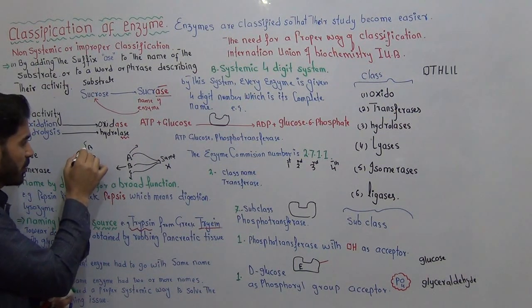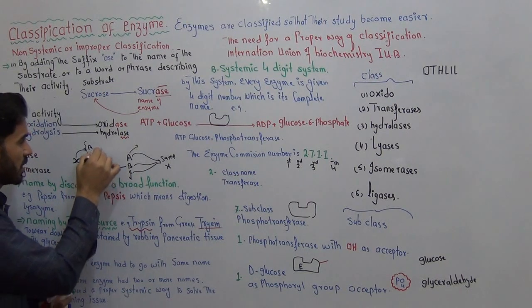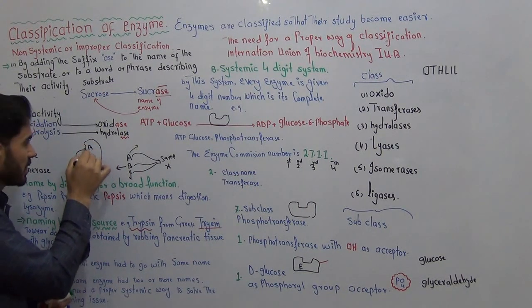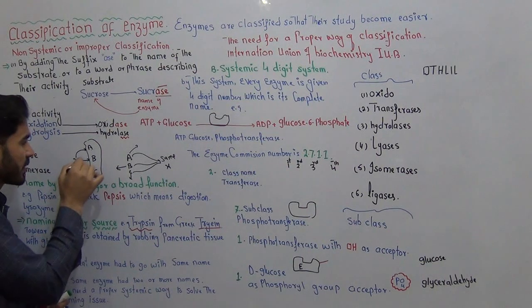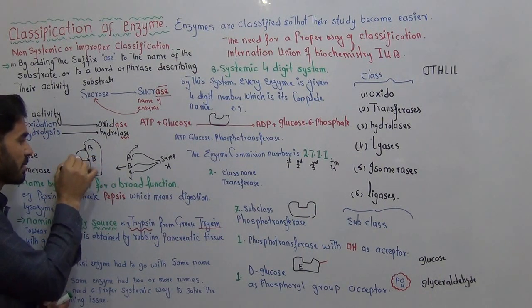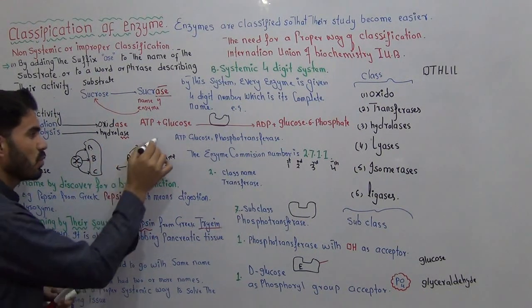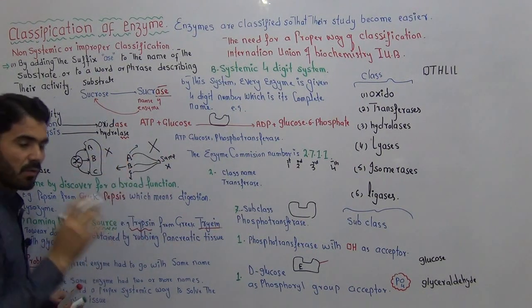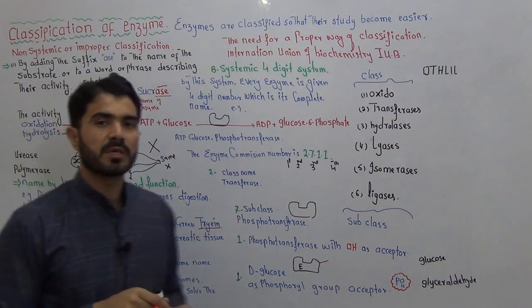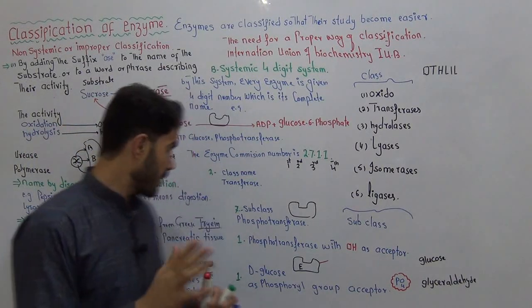So different people from different schools of thought would give different names to the same enzyme. This is again a problem. We don't want this one and we don't want this one. We want that every enzyme should be given a proper name.